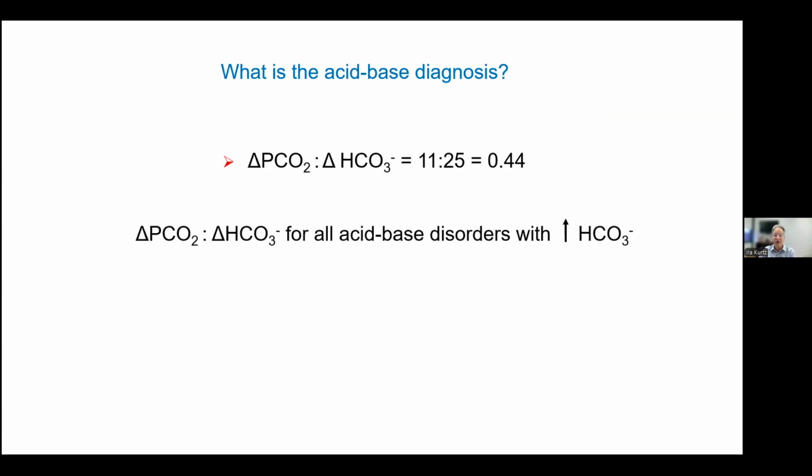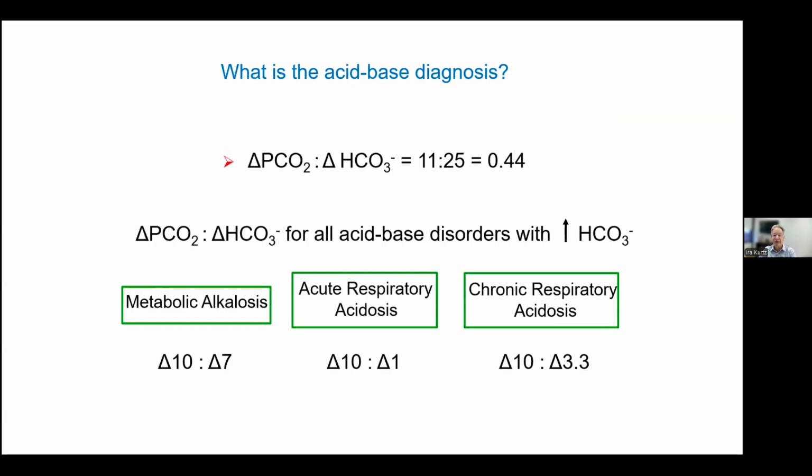So let's look at all the acid-base abnormalities that raise your PCO2 and raise your bicarbonate and see what the ratios are. So we again have 3. It's always 3 and 3. In metabolic alkalosis, the PCO2 goes up 7 for every 10 increase in the bicarbonate. And in acute respiratory alkalosis, it's a change of 10 to 1.